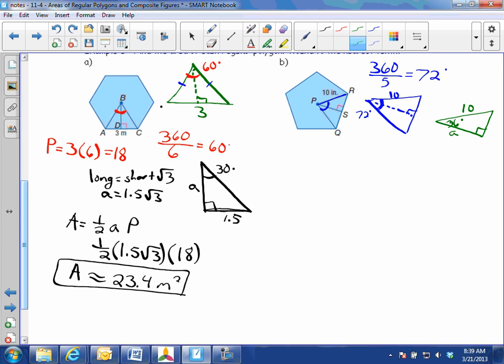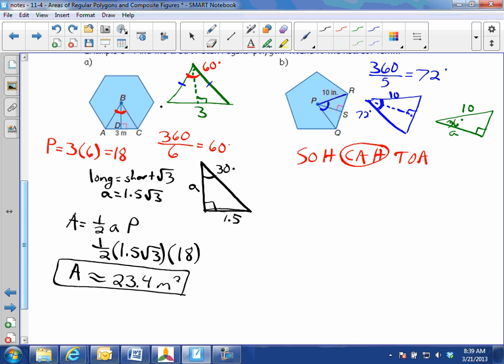Well, come on, somebody. Is it sine or is it cosine? It's cosine. I'm confused. Well, we don't have the opposite, but we've got an adjacent and we've got the hypotenuse.